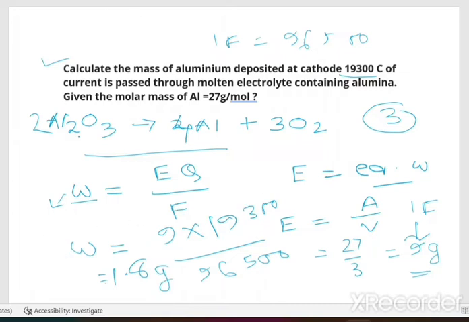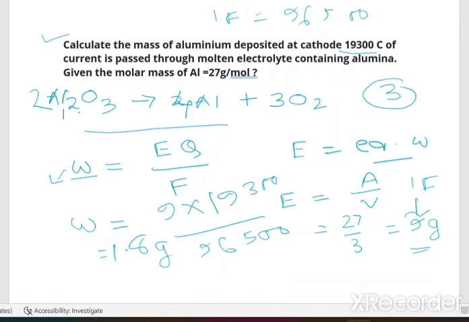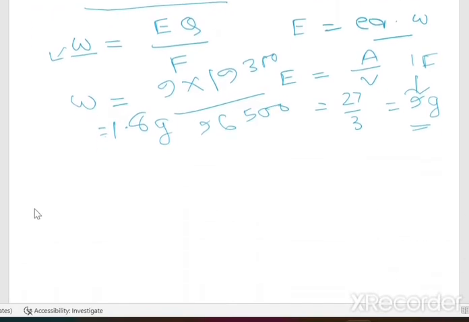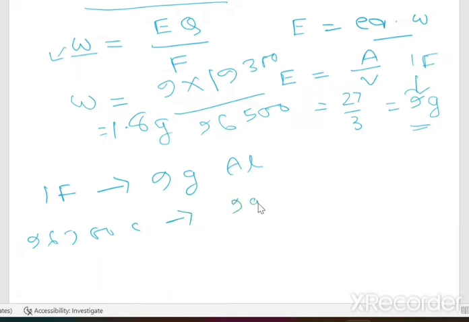There is another method you can apply. When 1 Faraday of current is passed, 9 gram aluminium is formed. In case of aluminium, 1 Faraday means 96500 coulomb. So when 96500 coulomb is passed, 9 gram aluminium is formed, whereas for 19300 we need to calculate the amount.